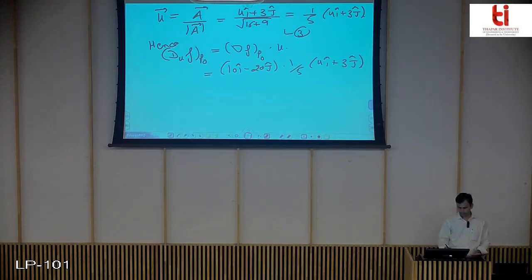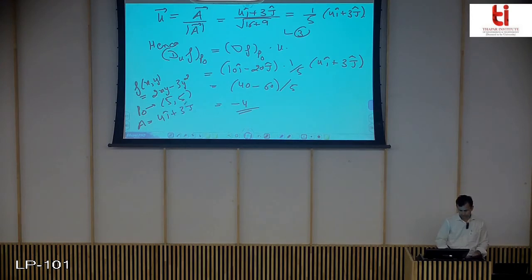So this gives you (40 minus 60) upon 5, so this is minus 4. So basically this tells you that the function f(x, y) equals 2xy minus 3y square, with point P naught being (5, 5) and vector A being 4i plus 3j.